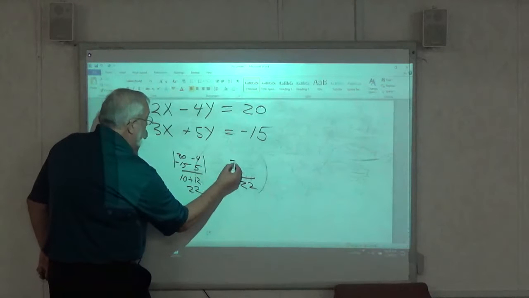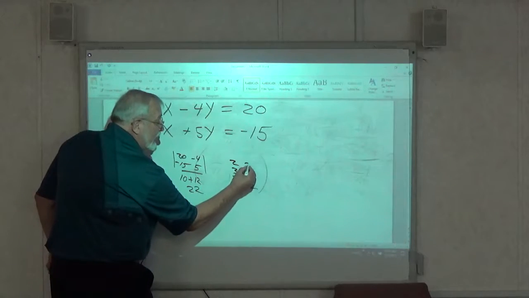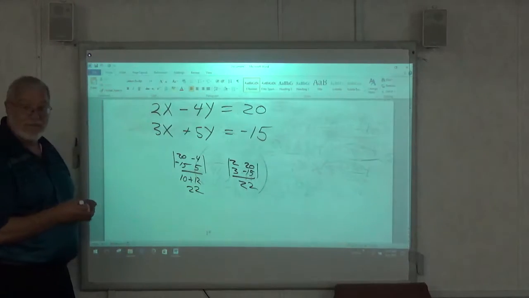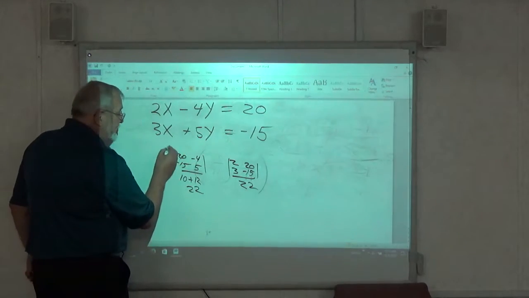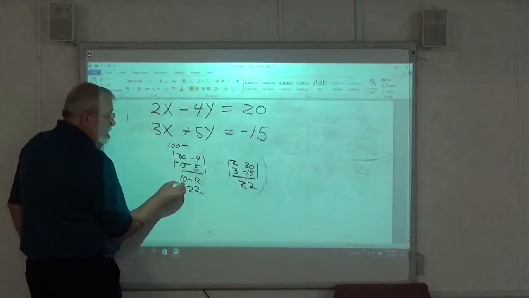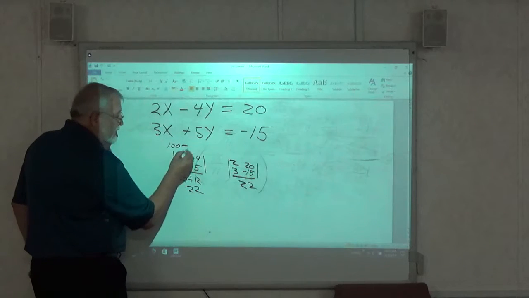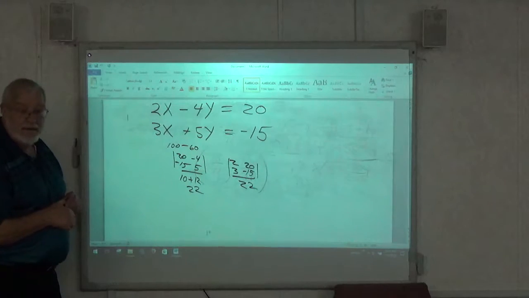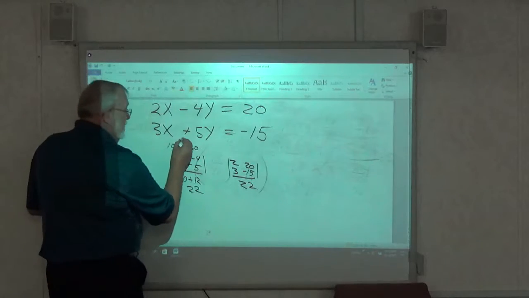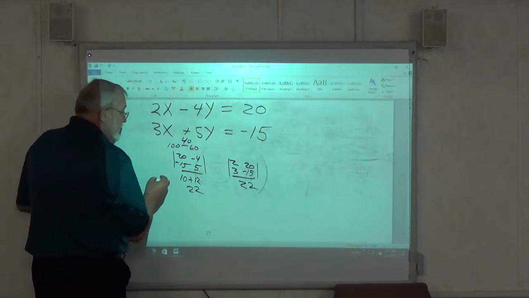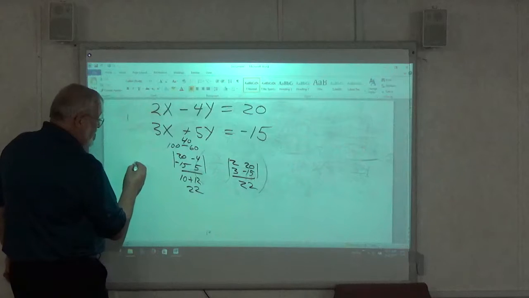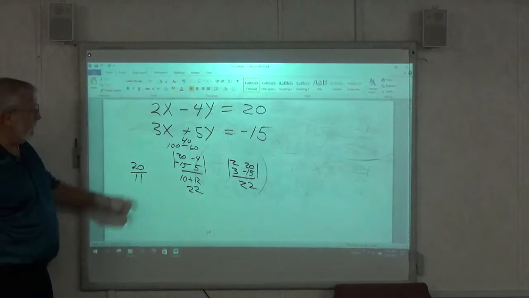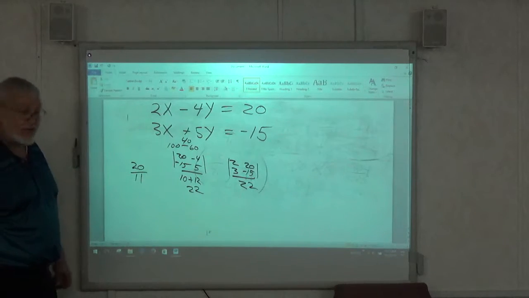I keep the 2 and the 3, and I put the 20 and the negative 15 there. So 40 over 22 is 20 over 11. All right? 40 over 22 is the same as 20 over 11.